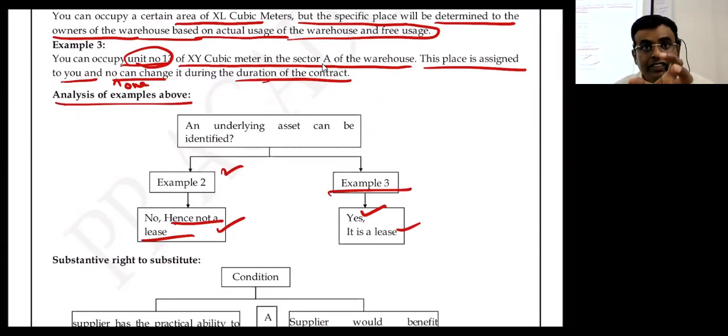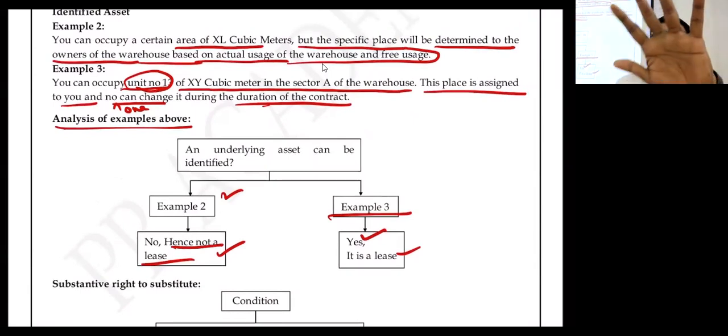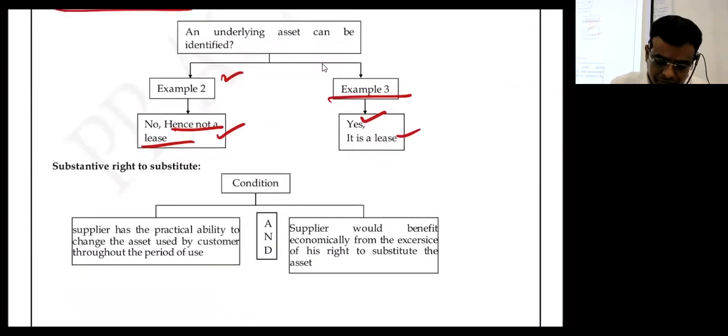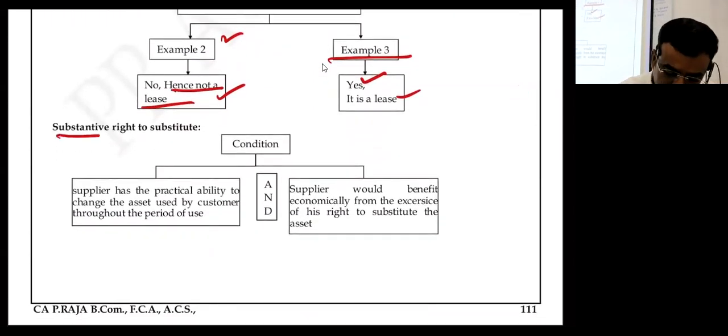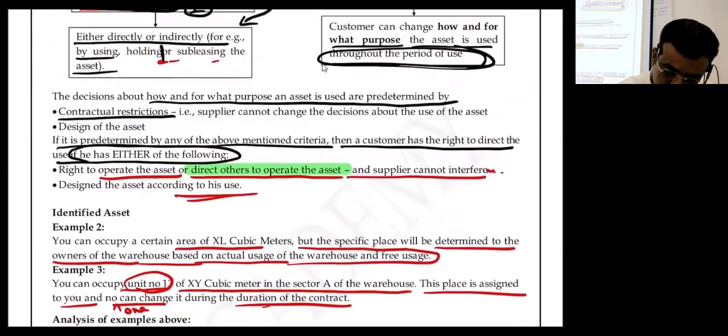I was able to identify my shop number, but in the first case I was not able to identify my shop. Are you able to differentiate this or not, my dear friends? If an identified asset is there, then it is a lease. If there is no identified asset, it is not a lease. Hopefully, you understood what identified assets are. Okay. Substantive rights to substitute.